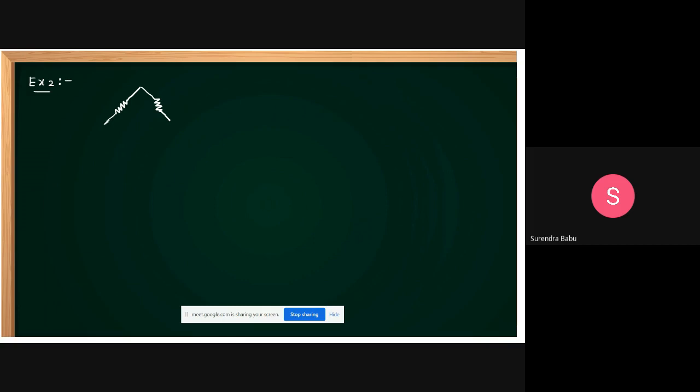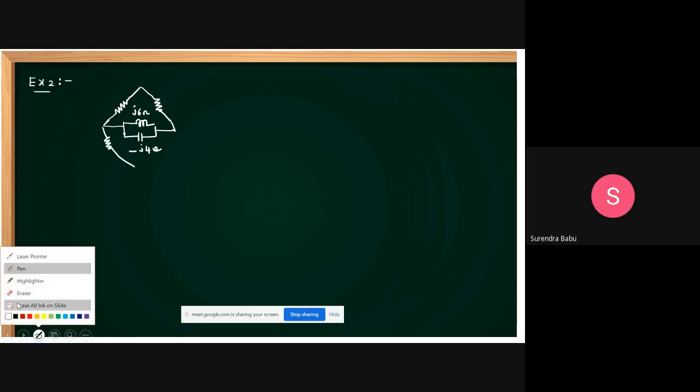And the inductance is given as j6 ohms. This is a capacitance, minus j4 ohms.